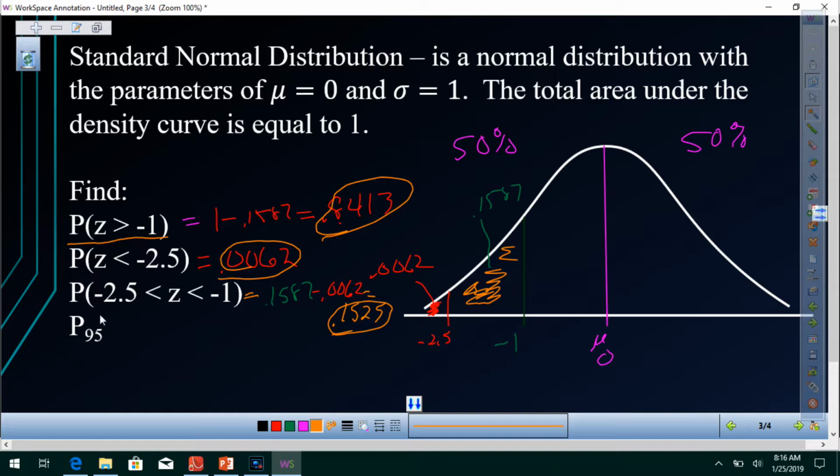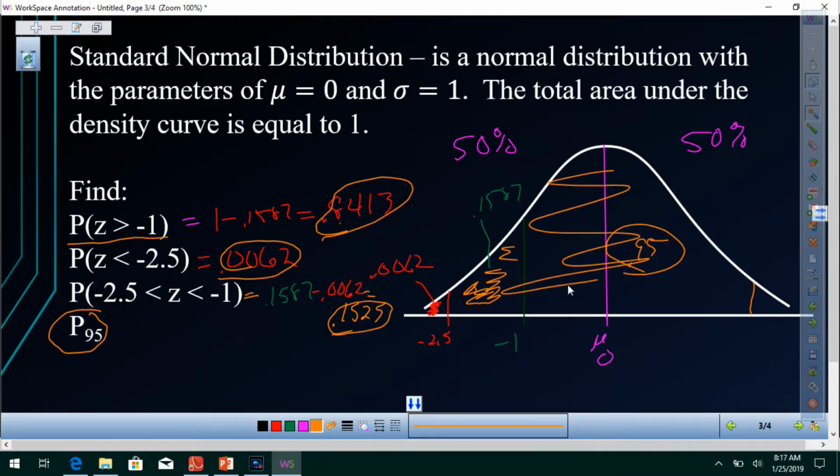Now sometimes we might be given the area, so we want to find 95%. Over here somewhere, this is 95% of the area. We want to find all of this right here, but we don't know what the Z number is. We've got to find that.